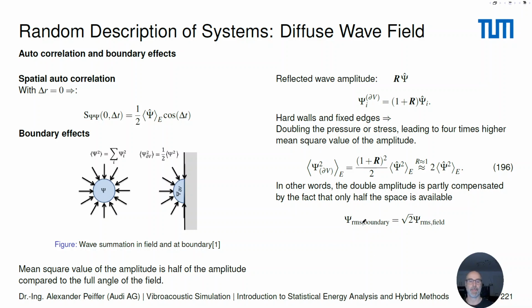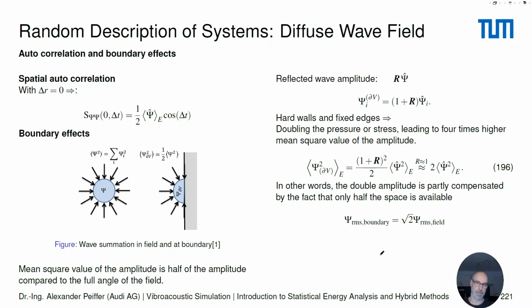So that means when we have a diffuse sound field, and we measure a root mean square somewhere in the middle of our room or in the middle of our plate, the boundary will have just the root mean square amplitude in the field multiplied by the square root of 2.